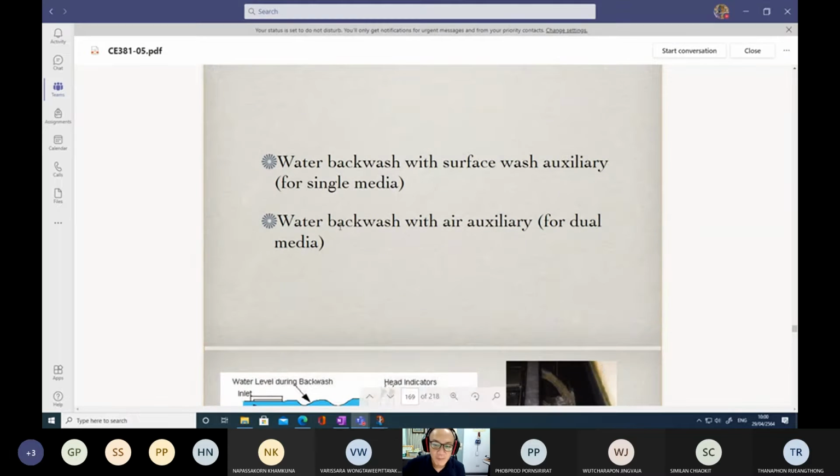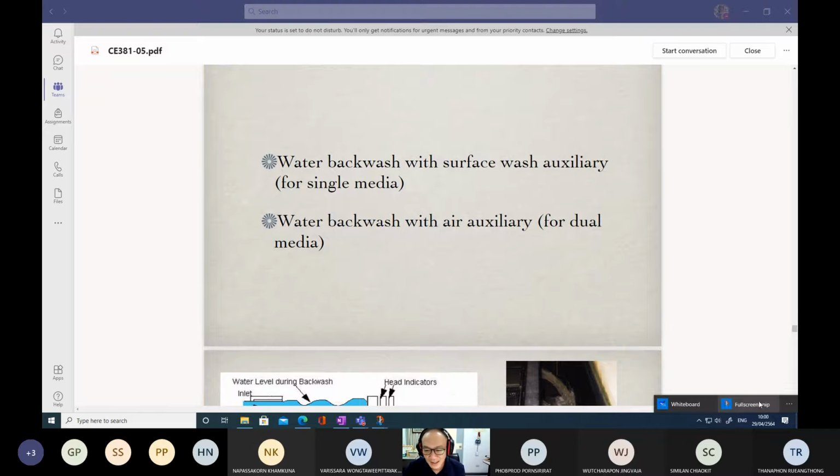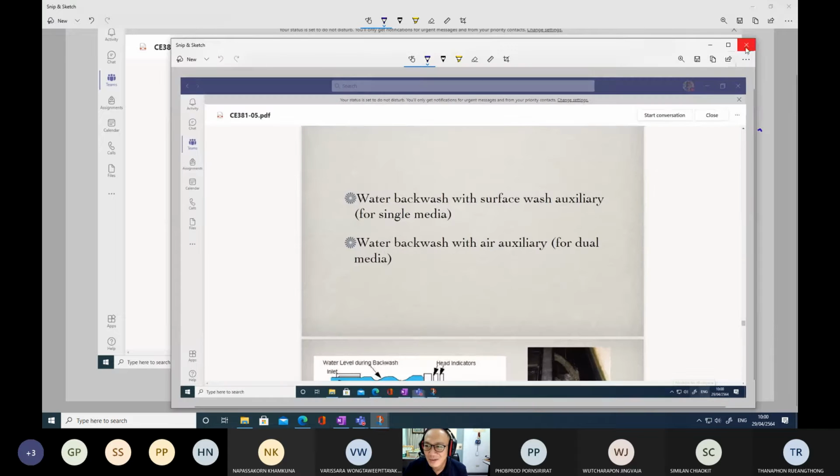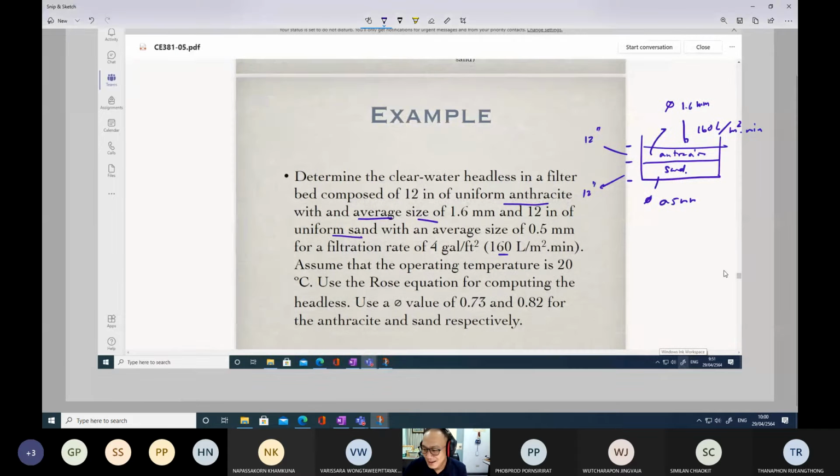Okay, for filter backwashing, we have already talked about it. For the dual media, we need the air auxiliary. Why is it like that? Just think about this one. Normally when we backwash, we have to apply backwashing velocities slightly higher than the settling velocities, so it causes abrasion.